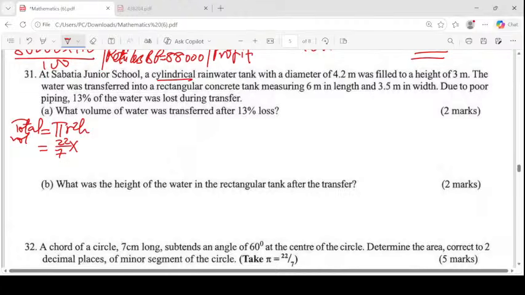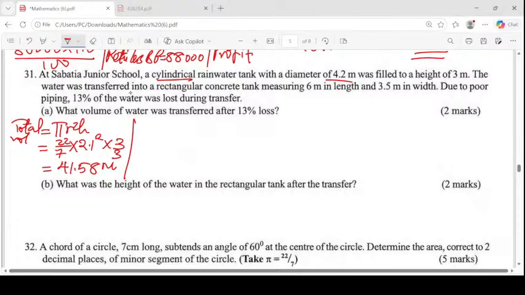If the diameter is 4.2, the radius will be 2.1, squared, by the height of 3 meters. This is 22/7 times 2.1 squared times 3, which is 41.58 cubic meters. That is the total volume of water in the cylindrical tank.